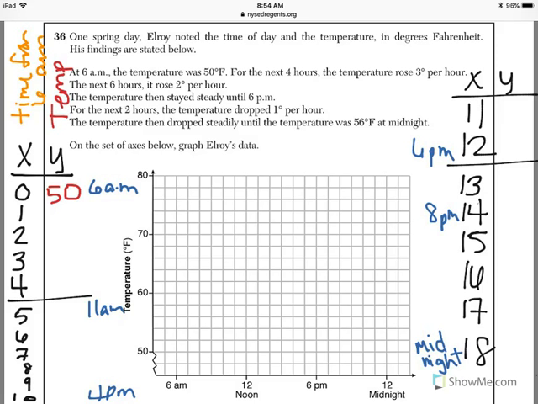So I can start that on my table, and it says for the next 4 hours the temperature rose 3 degrees per hour. So that means 53, 56, 59, 62.